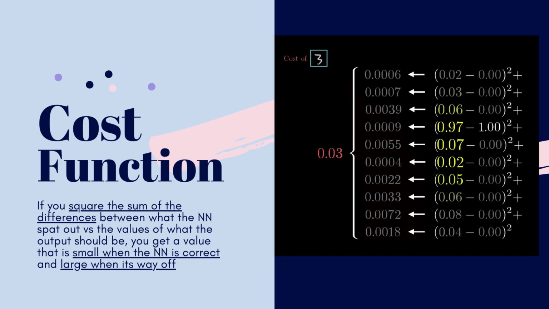So it starts off with a cost function, and the cost function is basically the summation of all of the differences in what a neural network's output is and what the output should be.